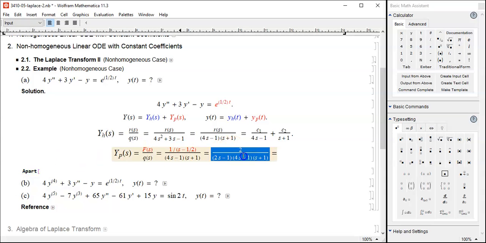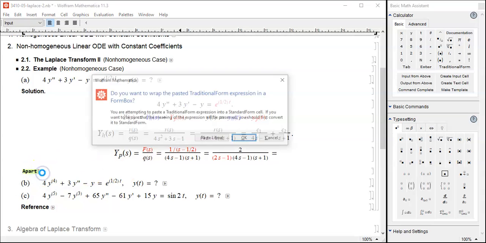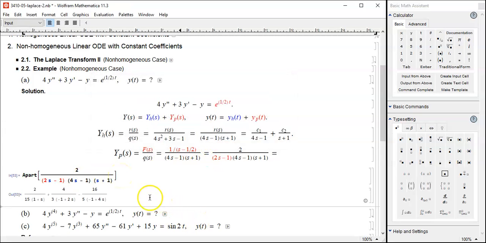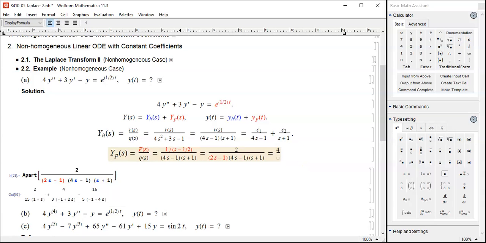So I'm going to use a computer algebra system. Copy and paste, and I'll ask Mathematica to complete it. And this is what we get. So 2/15 over s plus 1, and then the answer. Let me write it like this: 4/3 over 2s minus 1, plus 2/15 over s plus 1, and minus 16/5 over 4s minus 1.